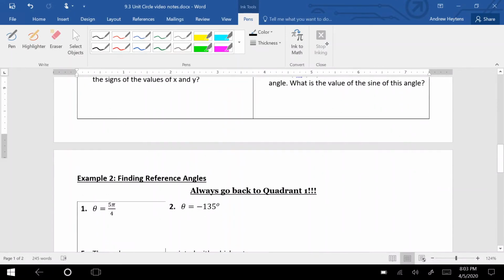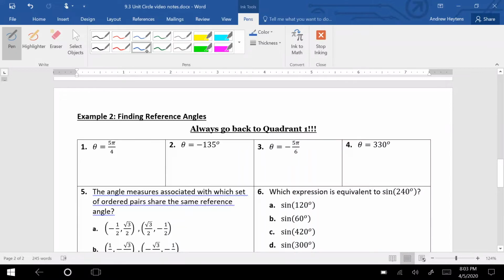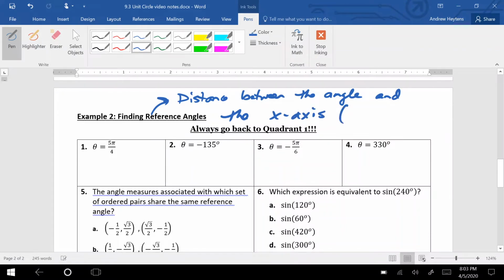I'm going to skip down here to reference angles to save some time. Okay, reference angle is the distance between the angle and the x-axis. Always positive.